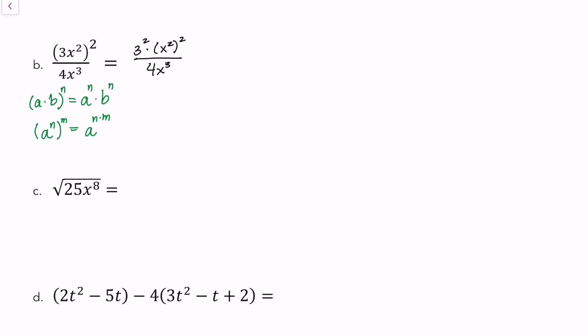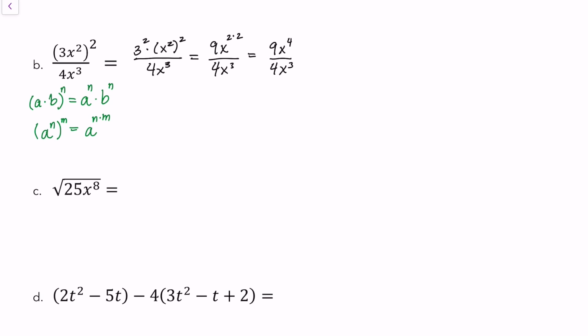We're just going to work with the numerator a little bit more. So the next step is to apply the exponents to each factor. So 3 squared is 9. X squared to the power of 2, we're going to use this rule here, and this is going to be the same as x to the power of 2 times 2, divided by 4x cubed. And then this simplifies as 9x to the 4th power divided by 4x cubed.